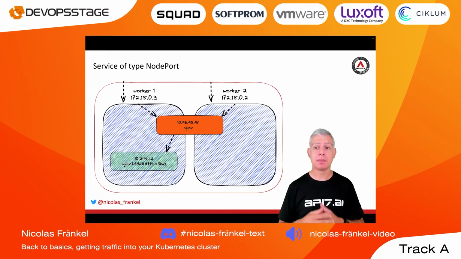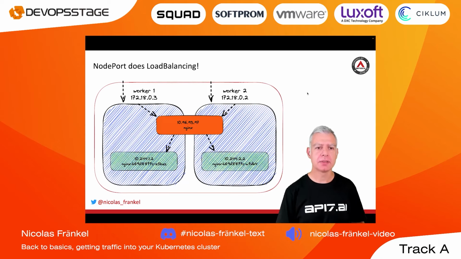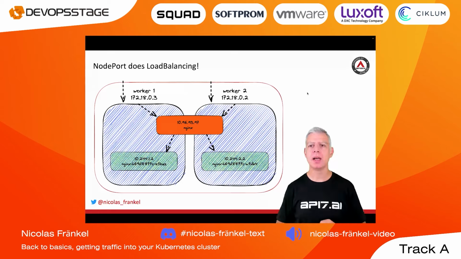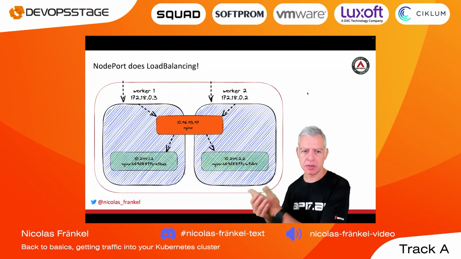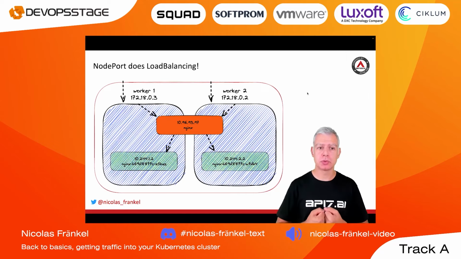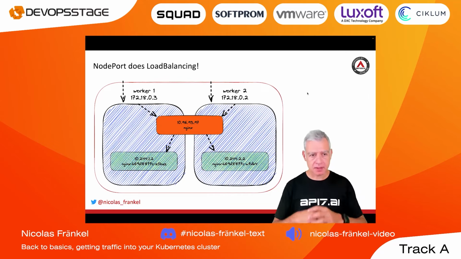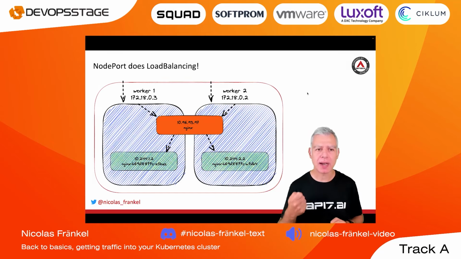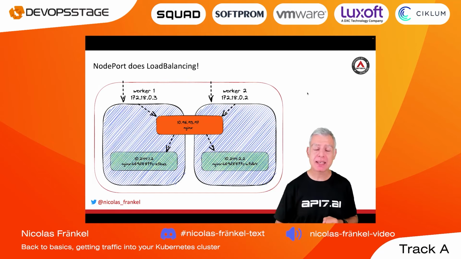Now, if we deploy a new instance of the pods, by default, kind will make it so that one of the pods will be on one node and the other pod will be on the other node. So we will scale our deployment to 2 replicas. Kind will move each of them to a different node, and let's see what happens if we repeatedly call the service.